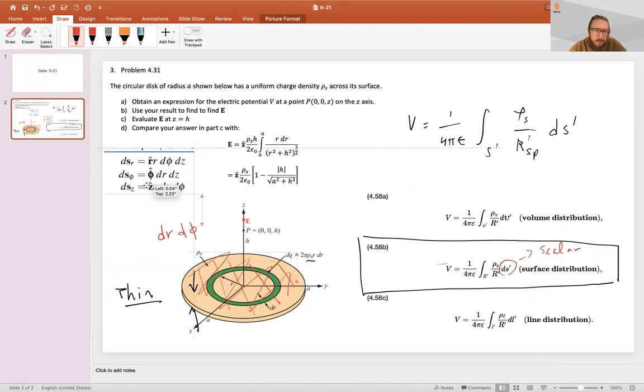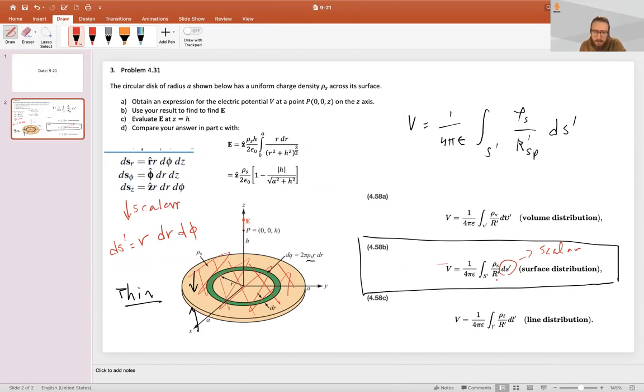If we look at that, we are dealing with a scalar dS, but we have dr, d phi, so we should have our dS be equal to r dr d phi. And so this is the scalar version. Okay, so we found dS.